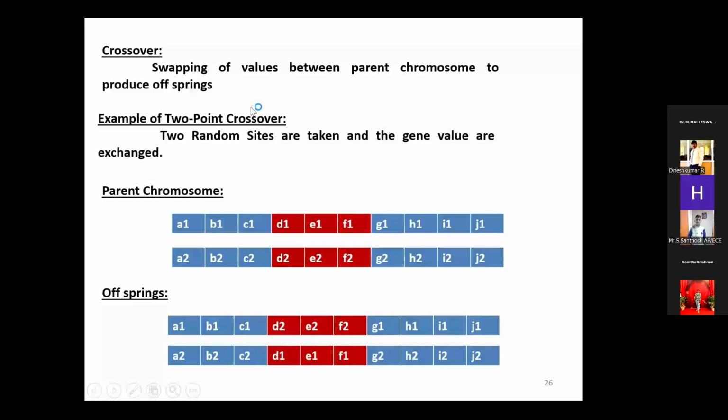There are so many crossovers, like multi-point crossover, single-point crossover, two-point crossover. But in our explanation, I consider a two-point crossover.